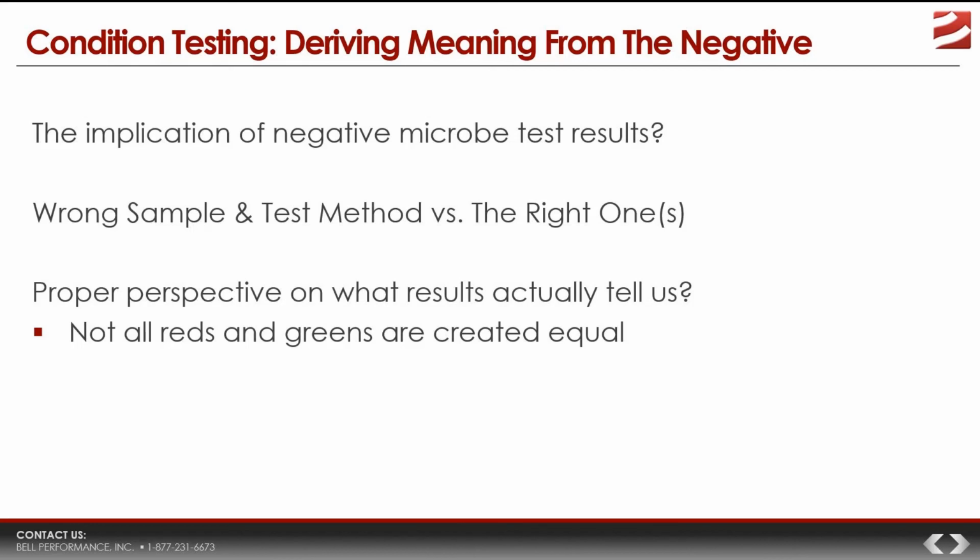Unfortunately, though, we don't usually have the ability to get as granular as that. So we have to go with what we have the capability of looking at, which is total microbes. We just keep those other facts in the back of our minds just in case we do not get the results that we were expecting.